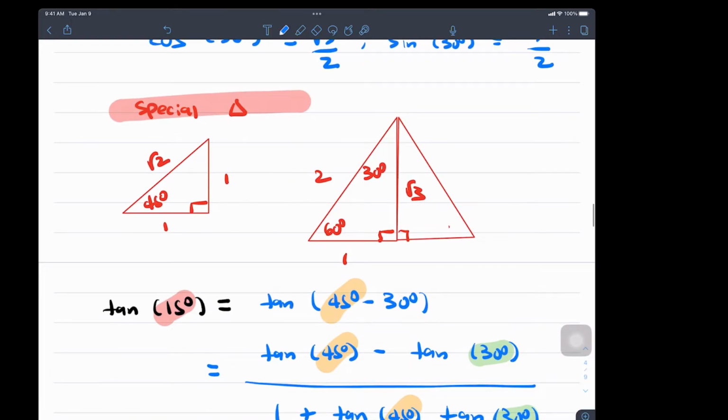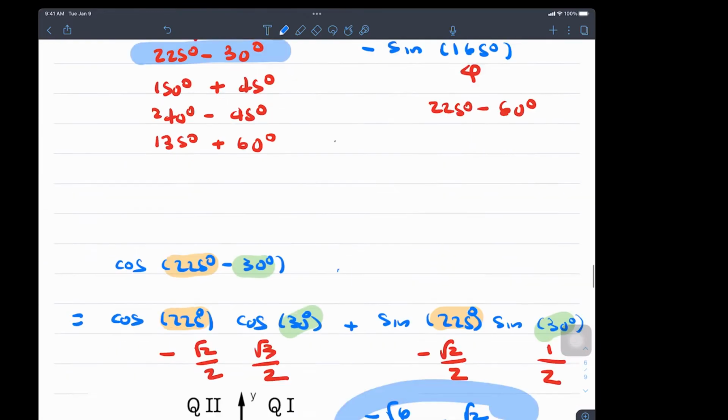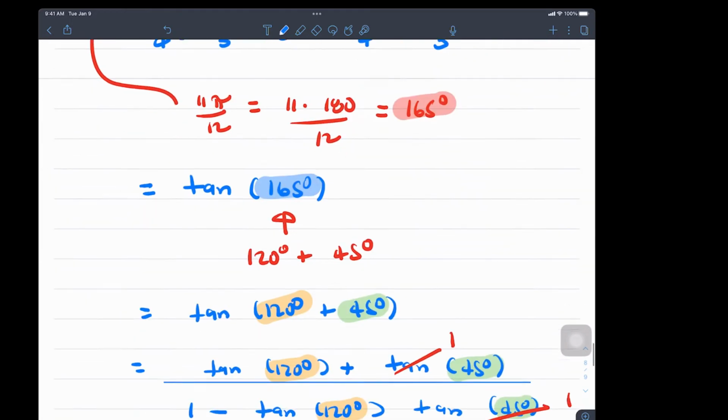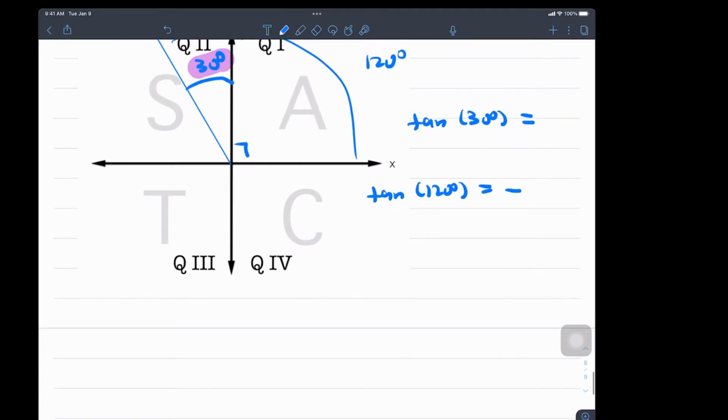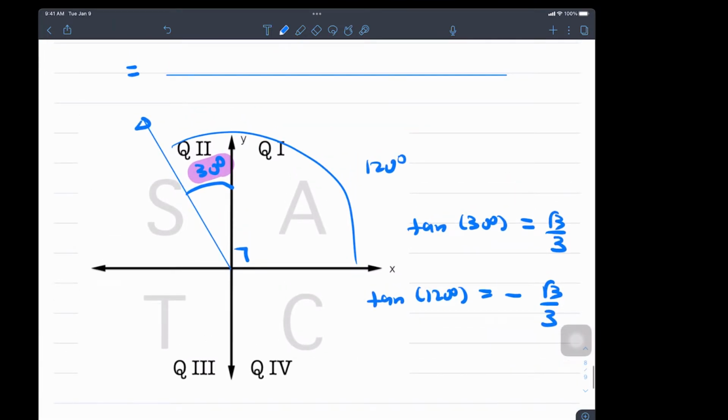What's tangent 30? It's 1 over the square root of 3, but when you rationalize, square root of 3 over 3. Okay? Tangent 30 is square root of 3 over 3. Tangent 120 is minus.